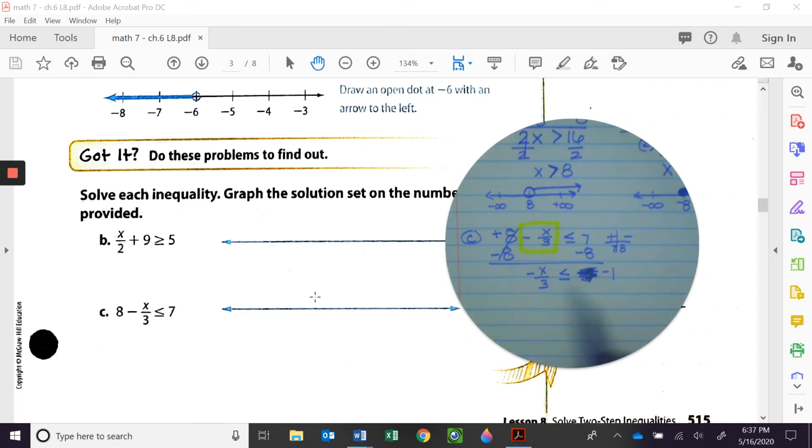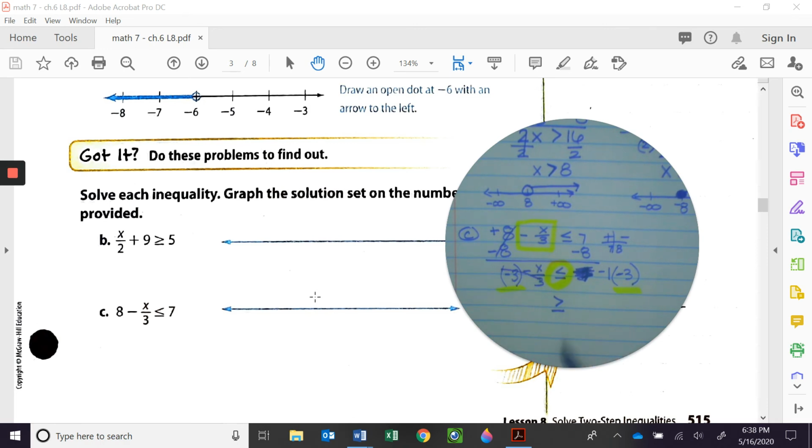All right, so now what are we going to do? This is a division problem, so we're going to multiply. What's over here? The 3 and the negative. So the -3 is what we're doing. Uh-oh. I dealt with a negative, so that means my inequality needs to flip. So now it's greater than or equal to.